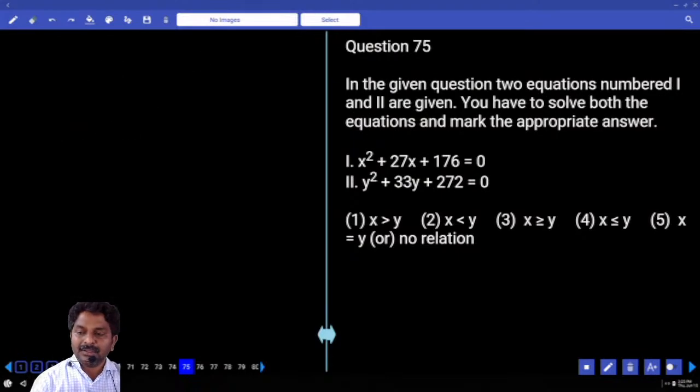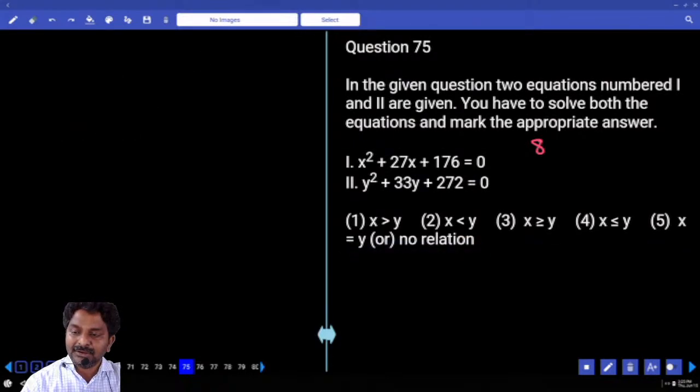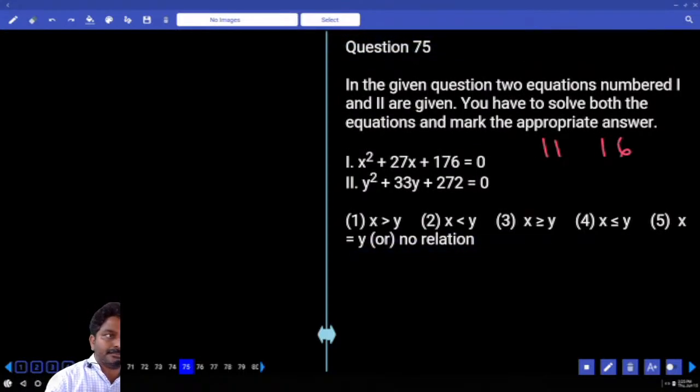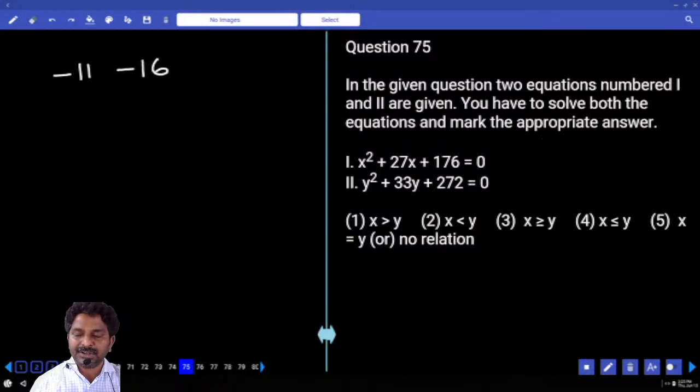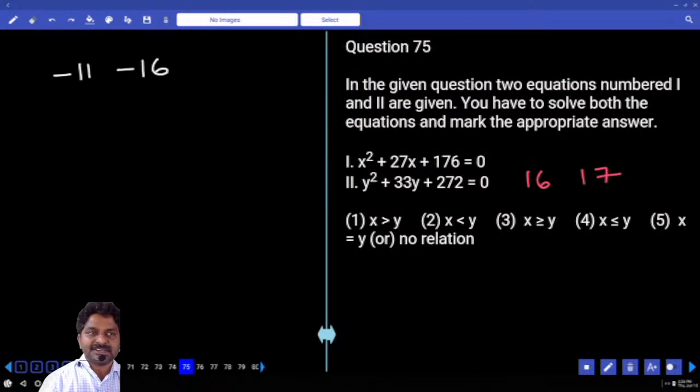176. 8 times 22, 11 times 16. Factors are minus 11, minus 16. 272. 272. 16 times 17. 16 times 16 is 256, 17, yes 16, 17.